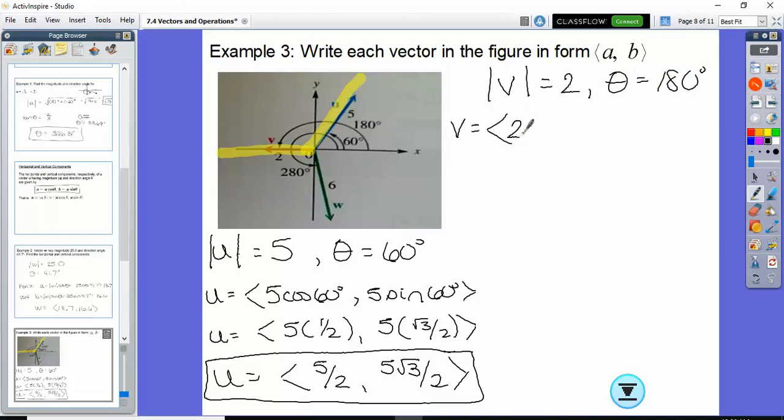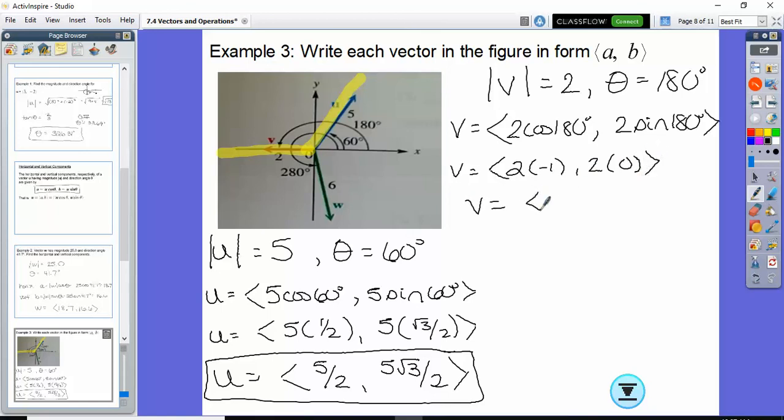So V would be 2 times the cosine of 180, comma 2 times the sine of 180. Cosine of 180? Sine of 180? So vector V is -2, comma 0.